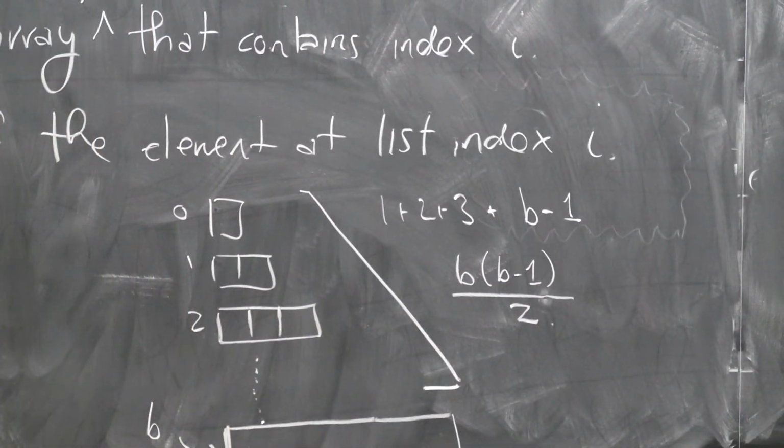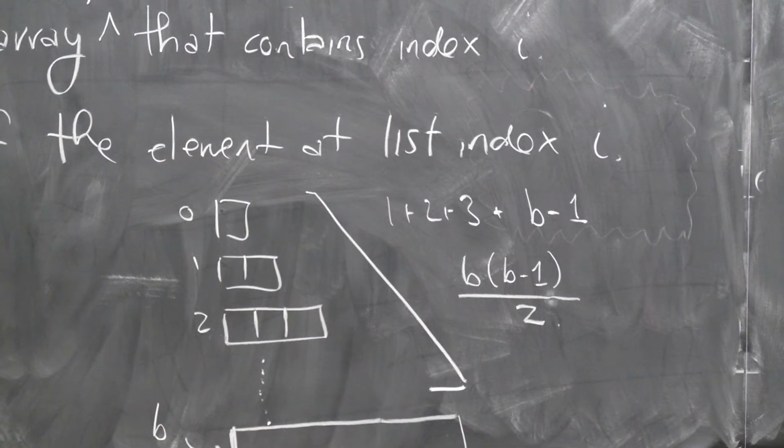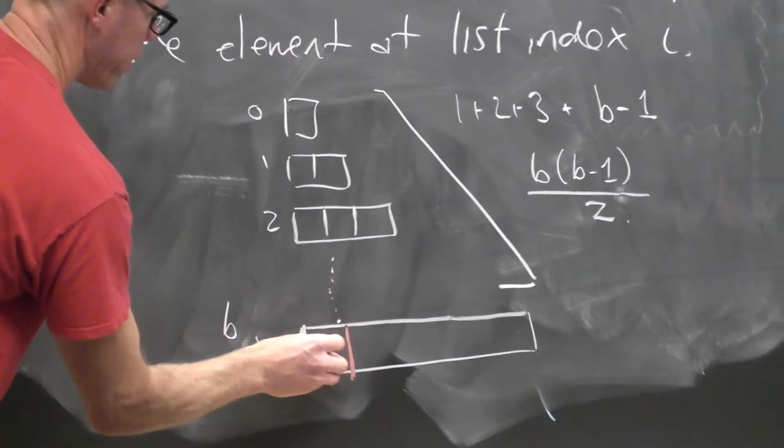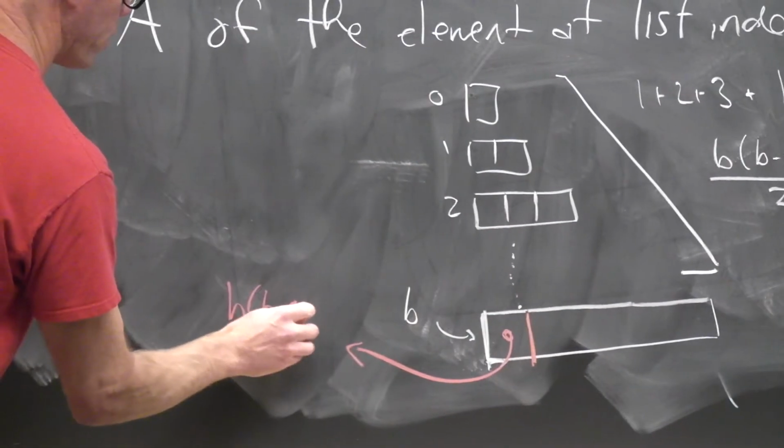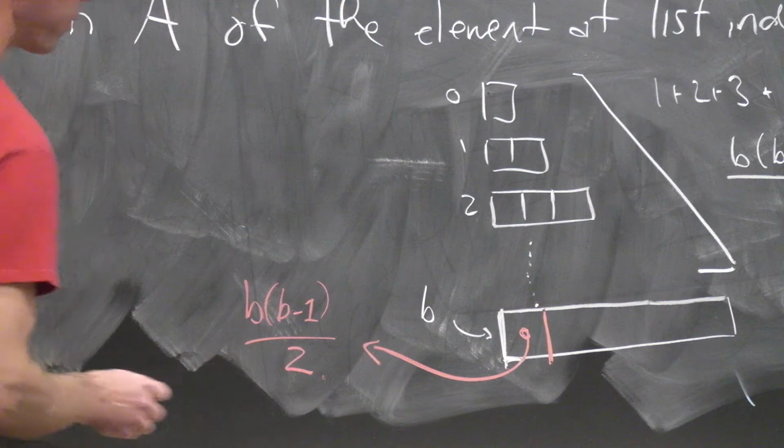So the index of the first element in the Bth block is B times B minus 1 over 2.